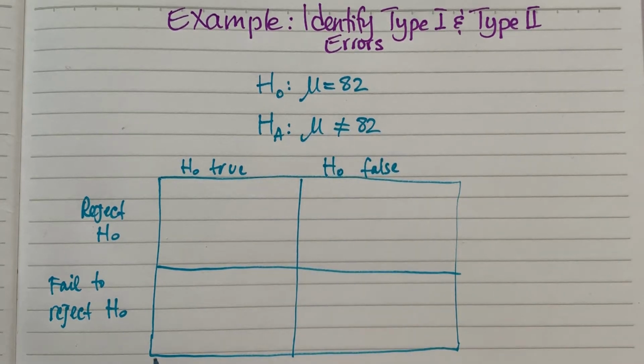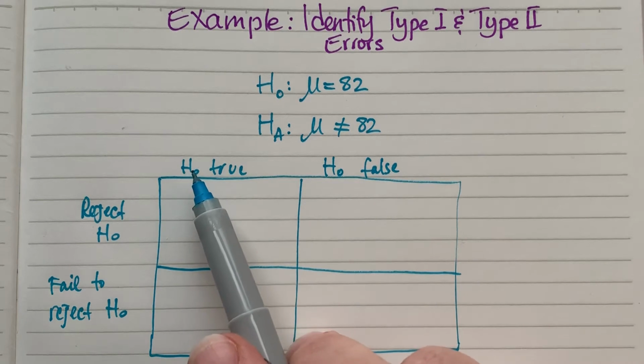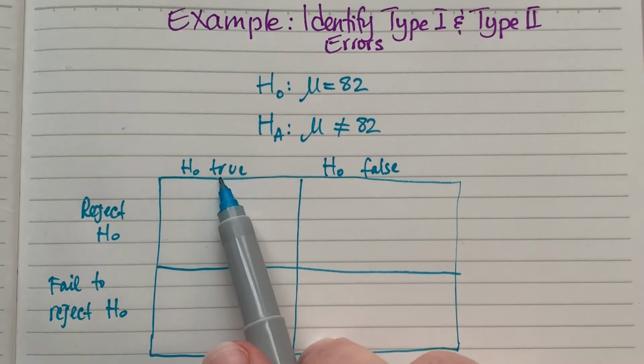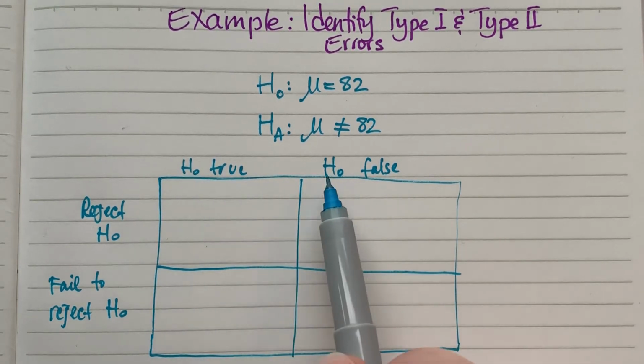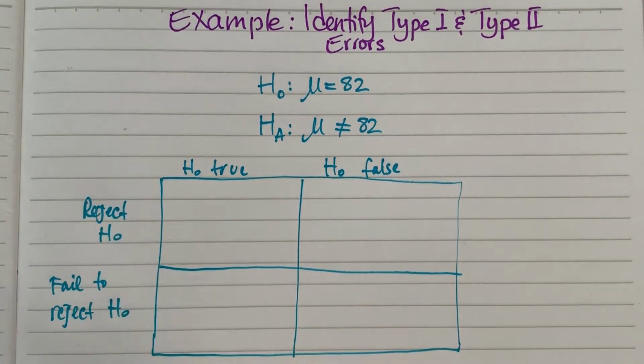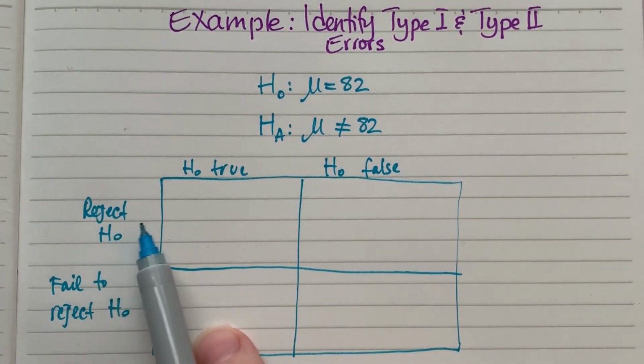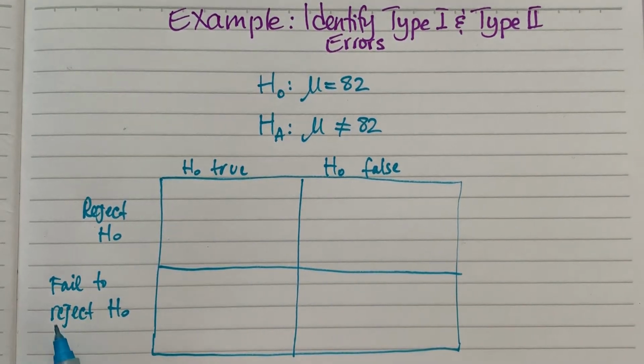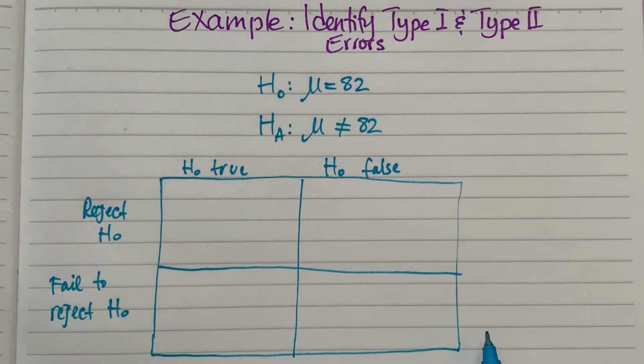So we can make two decisions. We could say that the null is indeed true, or that the null is false. And then what decisions can we make about our null? We could either reject the null, or we could fail to reject the null.